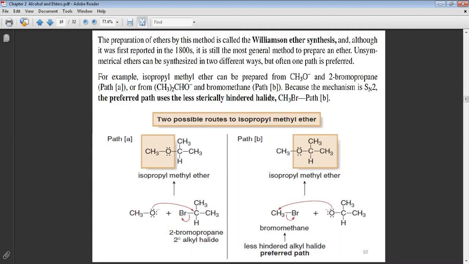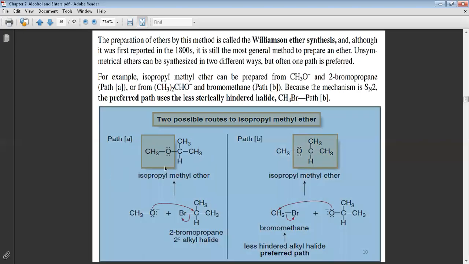Okay, now I will explain this for you. We have this ether, and I want to prepare it from the alkyl halide and the base, the nucleophile. Which is best to use?